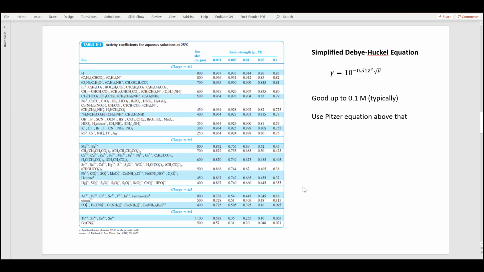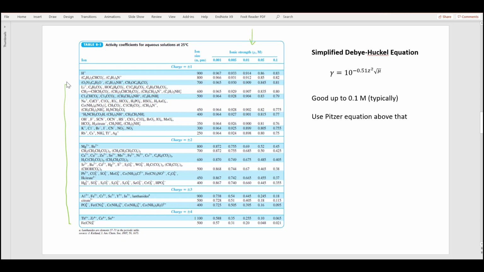That's the next question. There's a couple different ways. Your textbook has a table that looks like this, where you have a whole bunch of ions on the left. So you have all the ions over here, and then these are grouped by charge. So you have all the positive, negative ones up top, the 2s and 3s and 4s as you move further down. And then you have the different ionic strengths here.